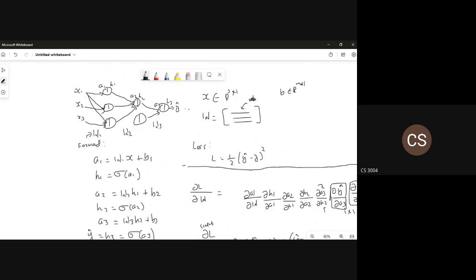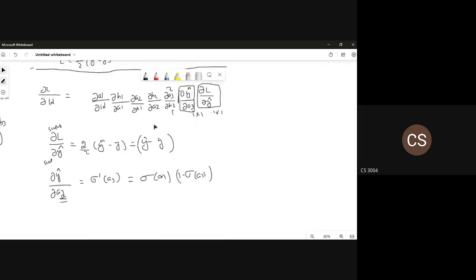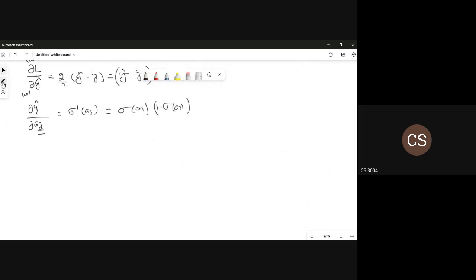So my numerator is a scalar, whereas my denominator is a vector. I am computing dou a3 with respect to dou h2. This time this is a scalar quantity, this is a vector quantity.